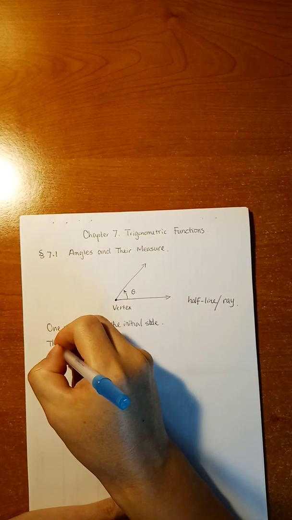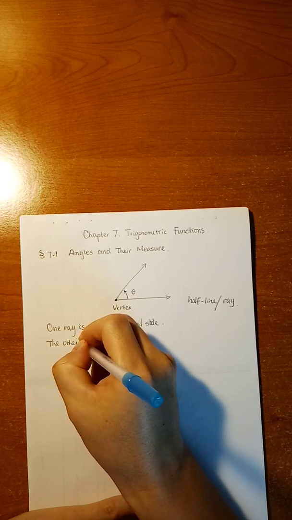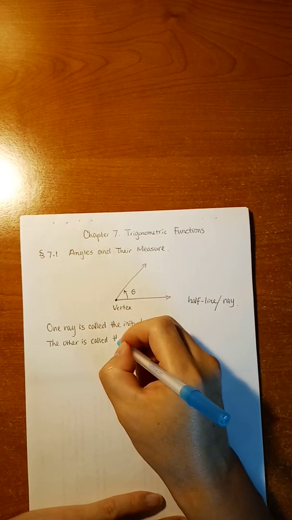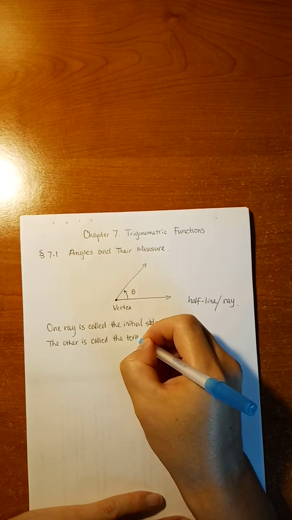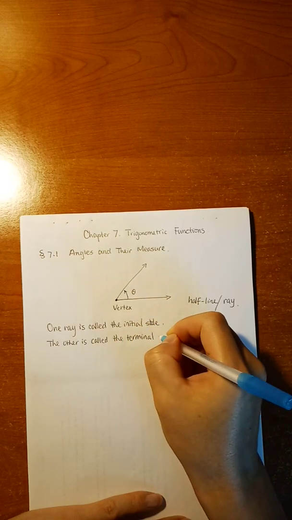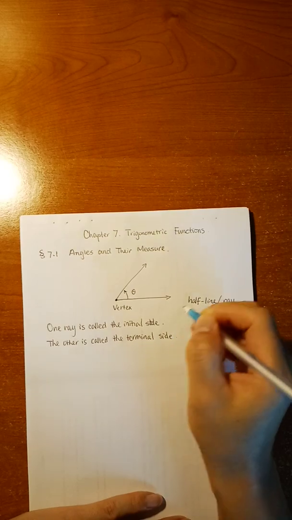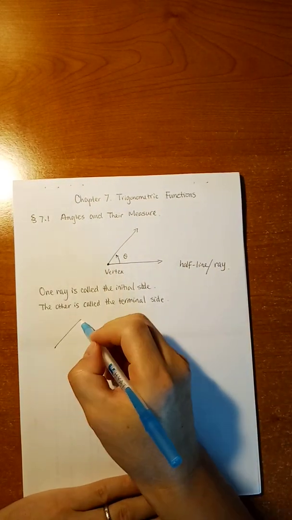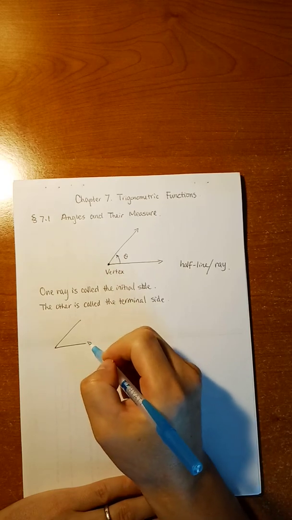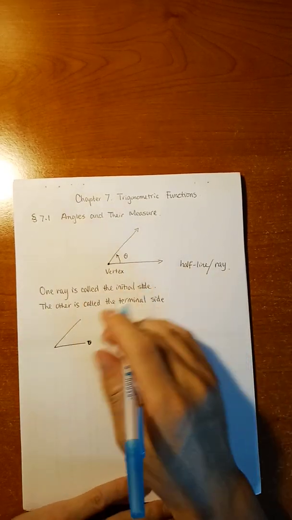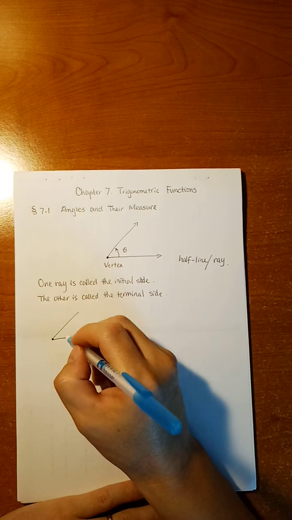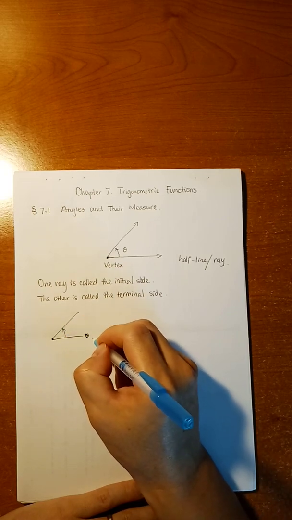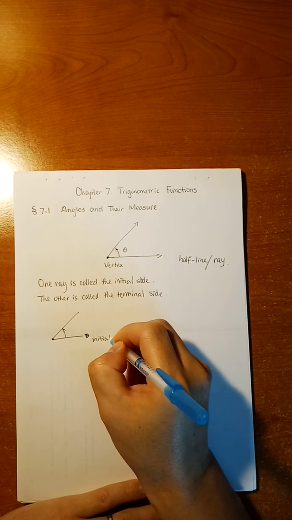The other is called the terminal side. You have initial, you have terminal. For example, you don't have to draw the arrow, just two rays. If you draw the angle this way, this is initial, this is terminal.